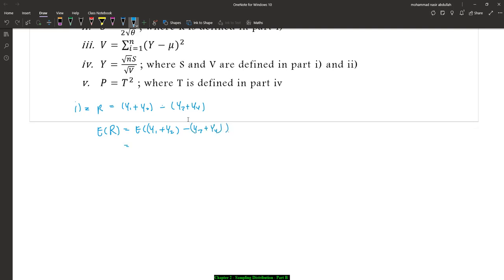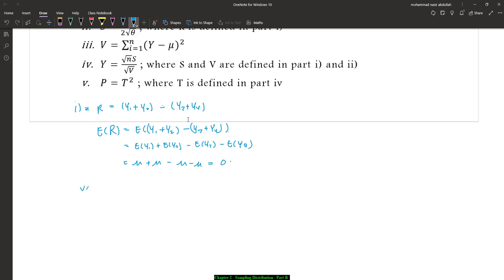Right, so this one should be expected of Y1 plus expected of Y2 minus expected of Y3 minus expected of Y4. Right, so this one should be mu plus mu minus mu minus mu, which is equal to 0.